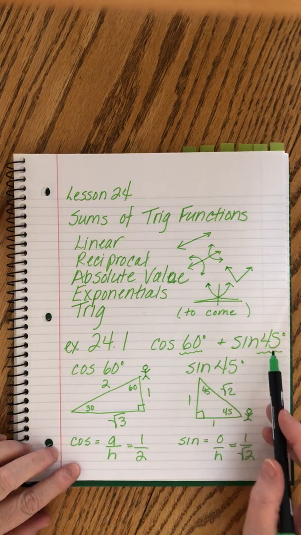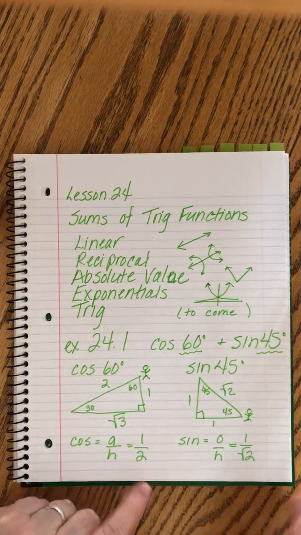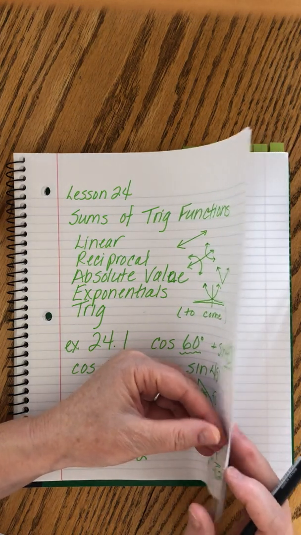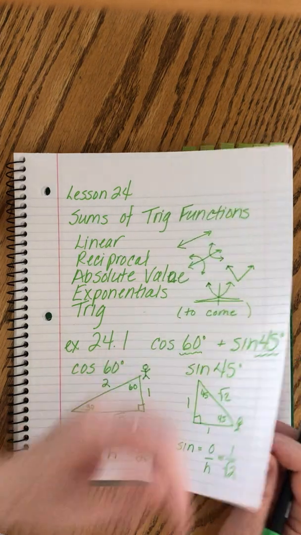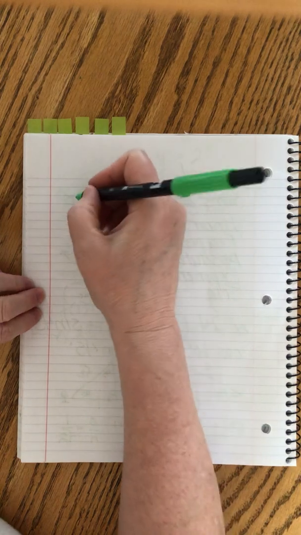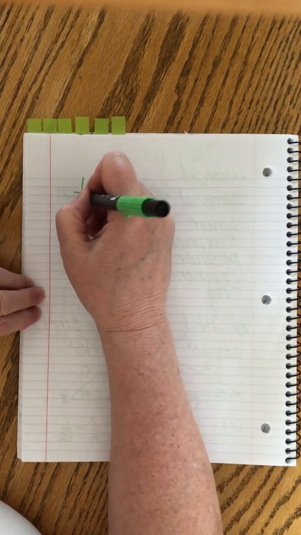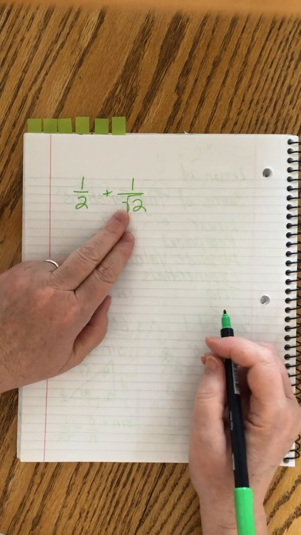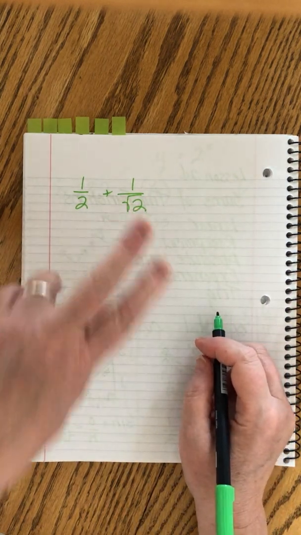In order to finish our problem, all we have to do is add 1/2 plus 1 over the square root of 2. Allow me to do that on the next page. It's 1/2 plus 1 over the square root of 2. We know that needs to be rationalized.